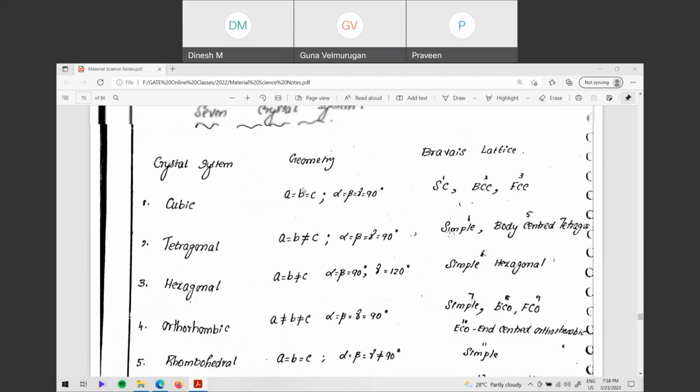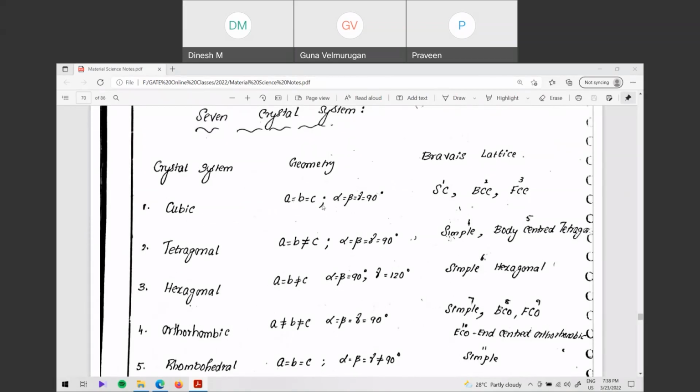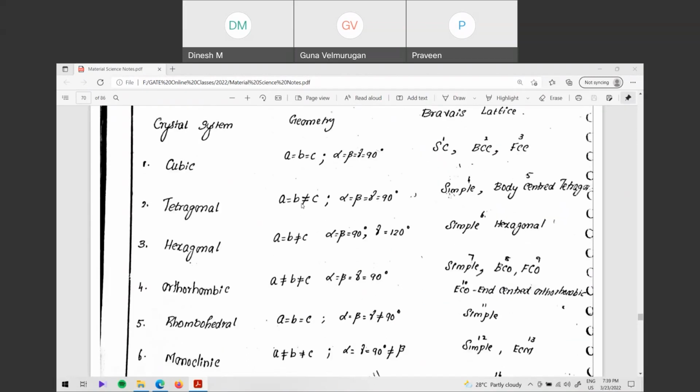So based on these things, if A is equal to B is equal to C, and alpha is equal to beta is equal to gamma, then it is a cubic structure. In that we have simple cubic, body centered cubic, and face centered cubic. Then if A is equal to B, not equal to C, it is called tetragonal.